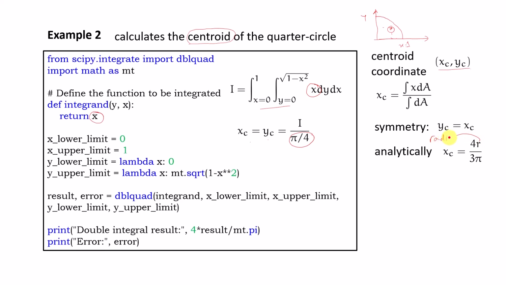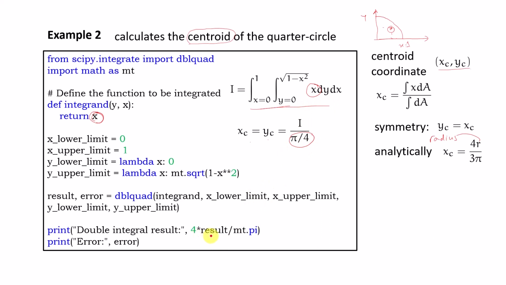So here, if I run this case, please see that there is no difference between the previous case and this case. Everything else is the same. The only thing I have changed here is that the integrand has changed to x, and the result means this integral divided by pi by 4.